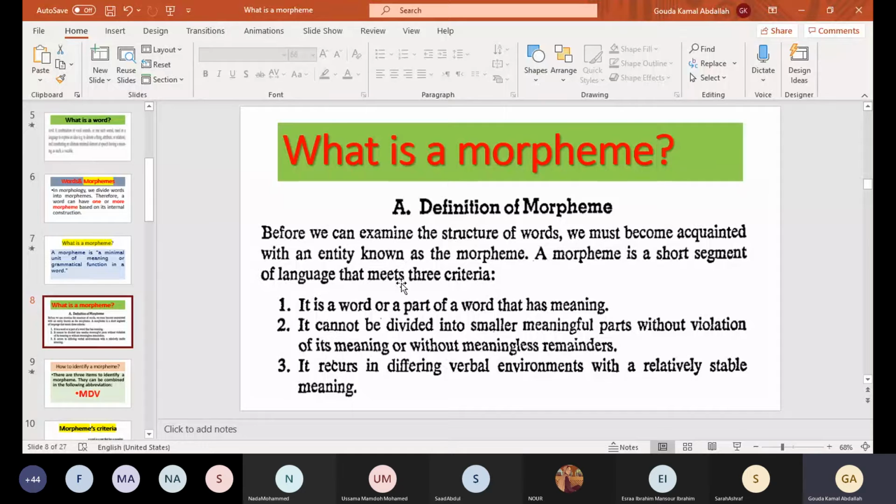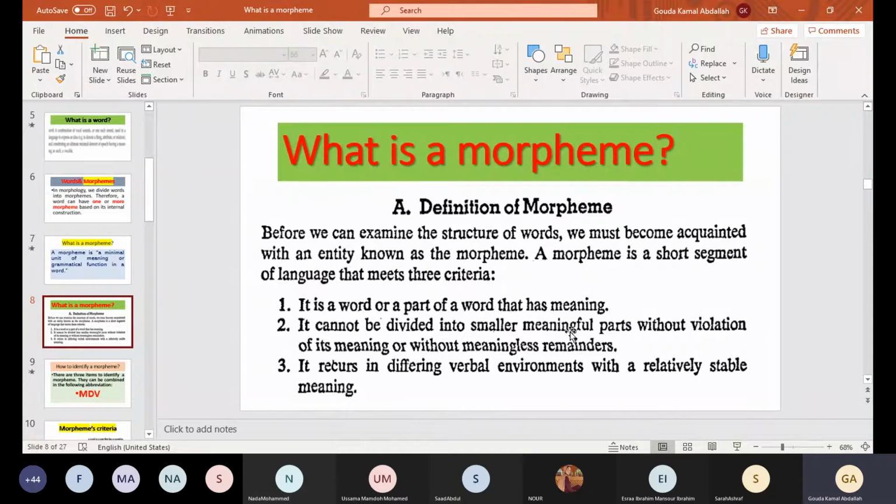If we divide it, this will change the meaning, or we are left with meaningless remainders. As we said, a morpheme is a short segment, the smallest, the minimal segment. So we cannot divide this unit any longer because this is the smallest part.